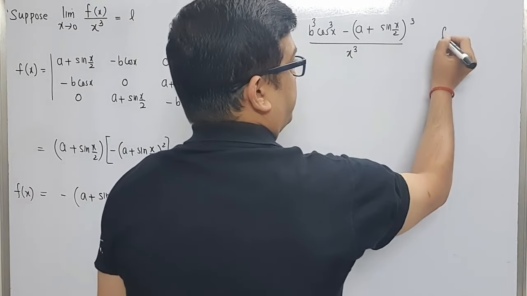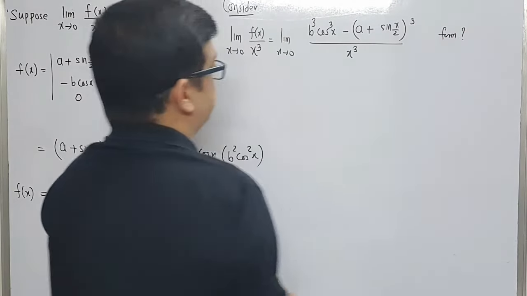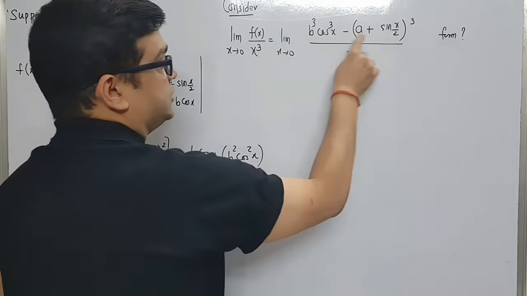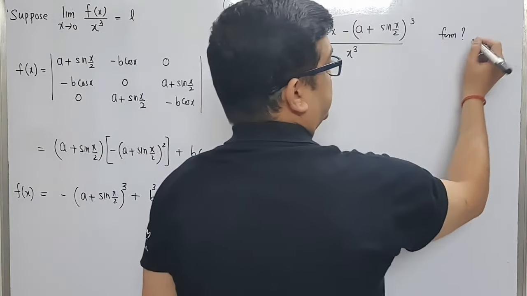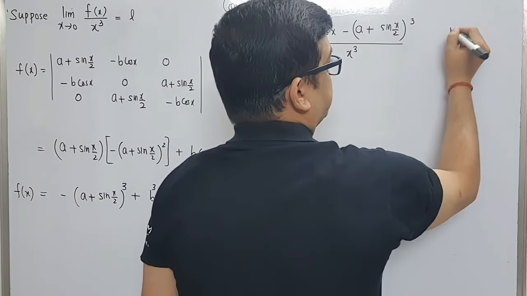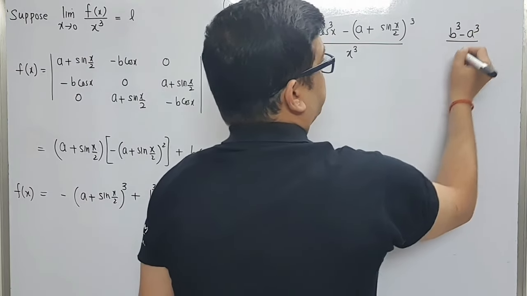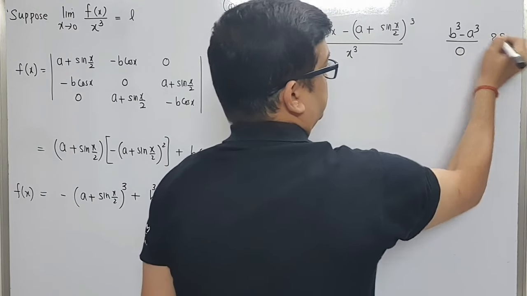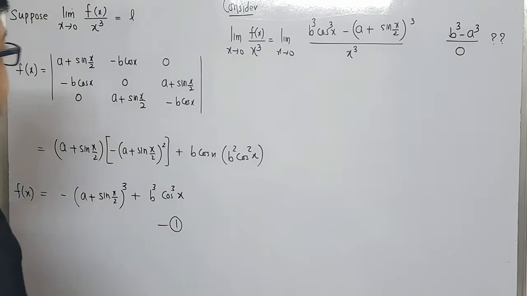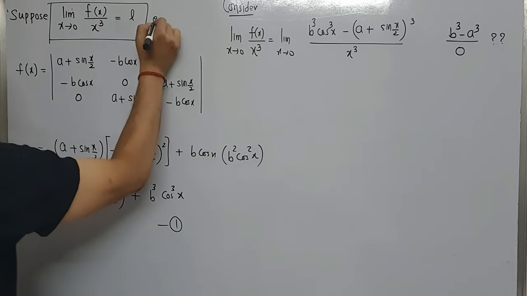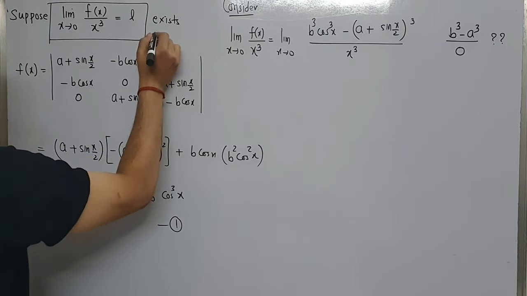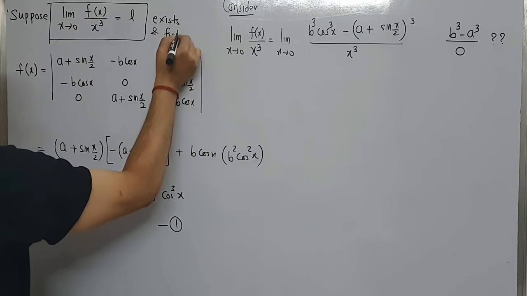Now let's check the form of this particular limit by substituting x equal to 0 here. When you substitute x equal to 0, the form which you're getting here is b cube minus a cube divided by 0. Now according to the question, this particular limit is given by L, that means the limit exists and the limit is finite.